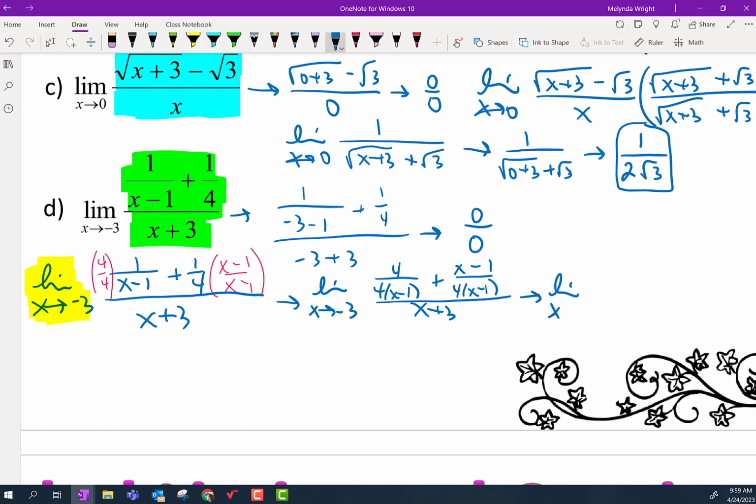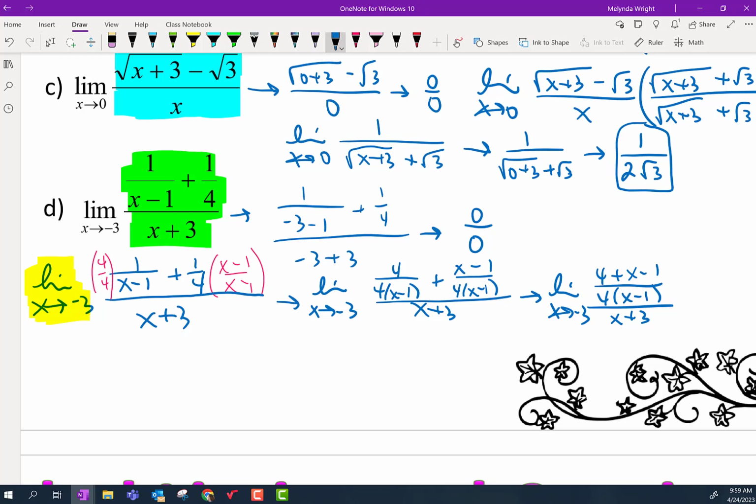The limit as x goes to -3 of 4 plus x minus 1 over 4 times x minus 1, all over x plus 3. I try to make the main fraction bar, which is the really big one, continue to be really big so I don't get confused on where the main fraction bar is. And we've talked about this before when we were working with these previously.